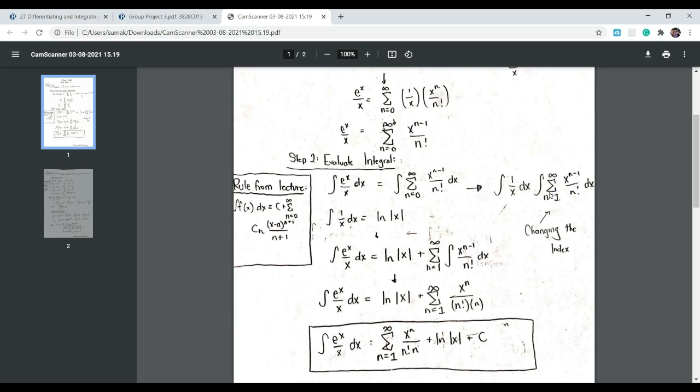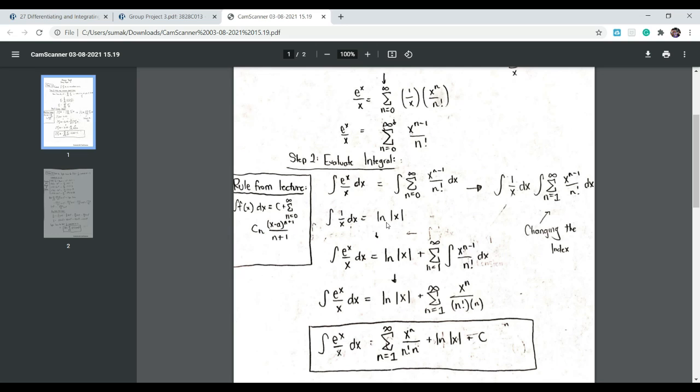So we have the integral of 1 over x dx plus the integral of the summation from n equals 1 to infinity of x to the n minus 1 over n factorial. And notice how since I shifted the index, I didn't really change anything here. And so we're just going to evaluate these two. So first we'll evaluate the integral of 1 over x dx. It's not too bad.